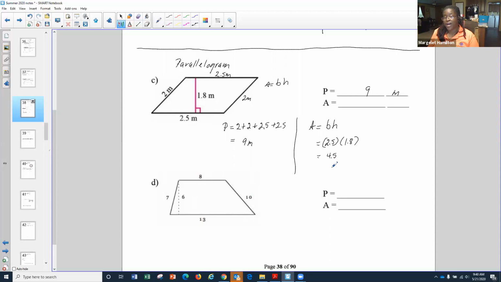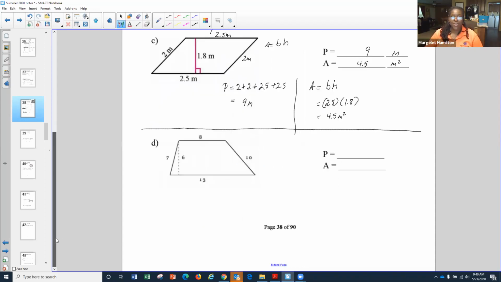But 4.5, that's right, meters squared. Good. Okay. Looks good. So, getting familiar with that formula sheet, it's good. Make sure you have it with you. Again, you're going to have it on the test with you.